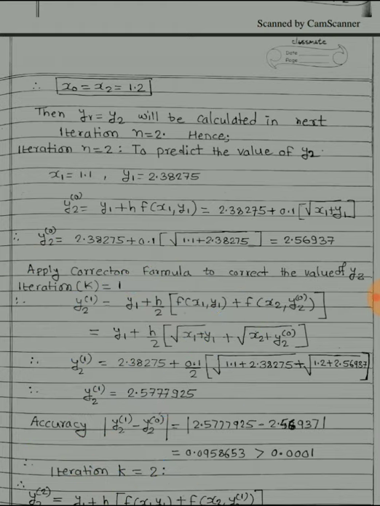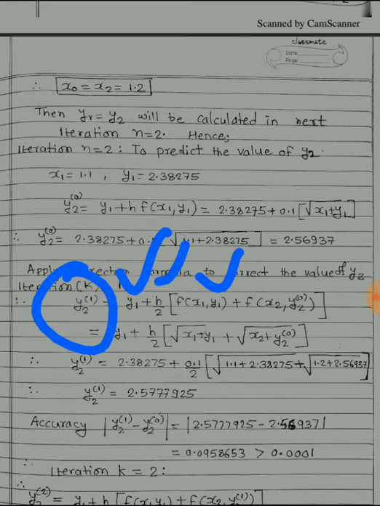If I take k equal to 1, the formula becomes y2 raised to power 1 is equal to y1 plus h by 2 times f of x1 y1 plus f of x2 y2 raised to power 0. This part was already done in the same discussion, so you have understood it. It is the value of y2 without any correction, calculated in the prediction formula.